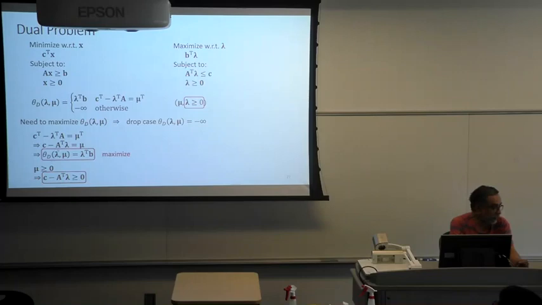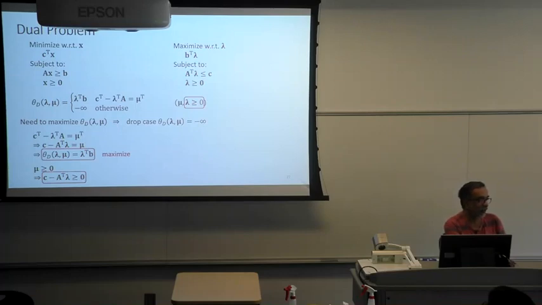If I had introduced mu's here, maximized with respect to lambda and mu, nothing would have happened here. I would have had this constraint and lambda and mu greater than or equal to 0. That's all, right? But why do we need two sets of variables? Then we can just eliminate the mu. So this is what I have. Maximize with respect to lambda, b transpose lambda subject to A transpose lambda less than or equal to C, and lambda greater than or equal to 0.